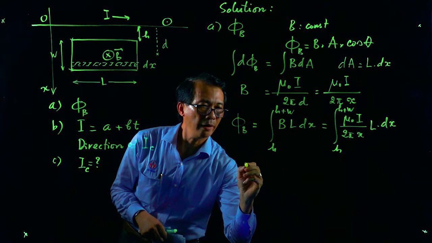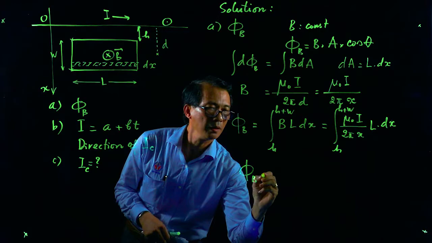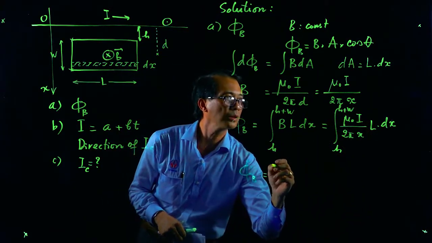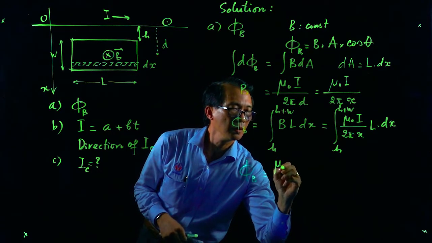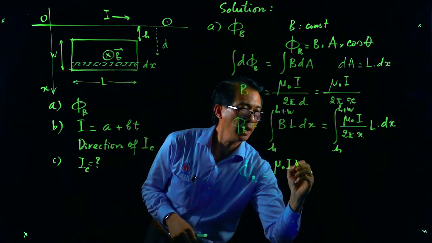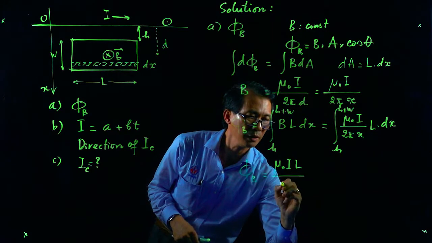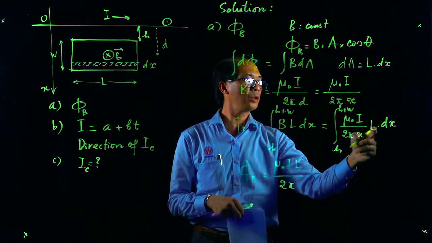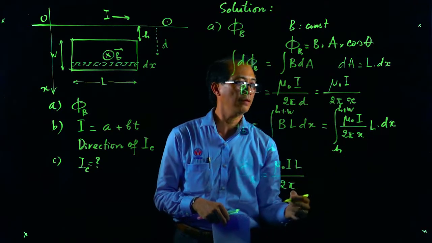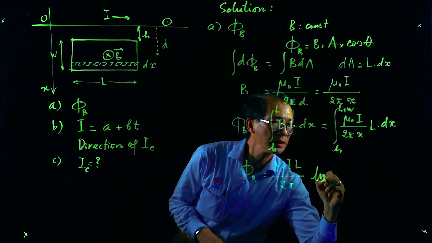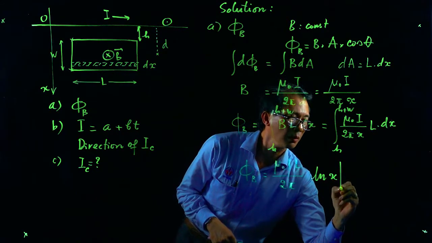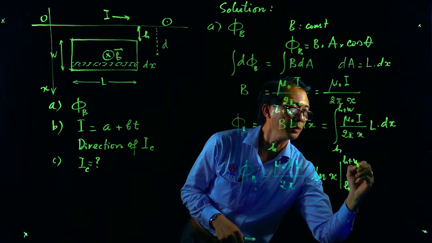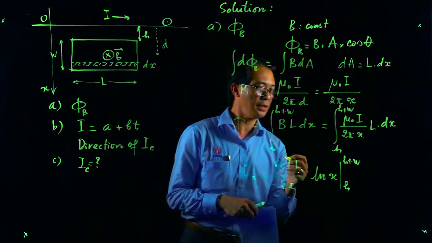Then we will have the phi B. In this case, I take all of the constants out of the integral. I have here mu 0 I L over 2 pi, right? And here the integral of dx over x is the logarithm of x with the range from h to h plus w. And it's easy, right?